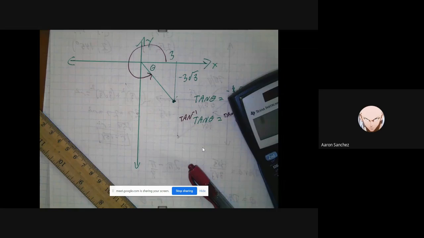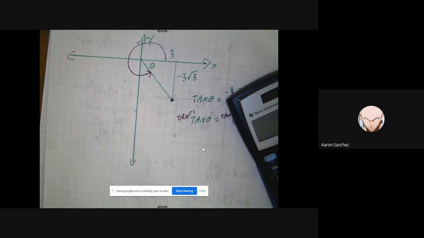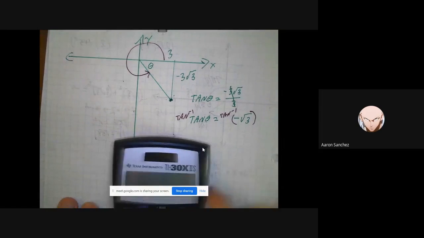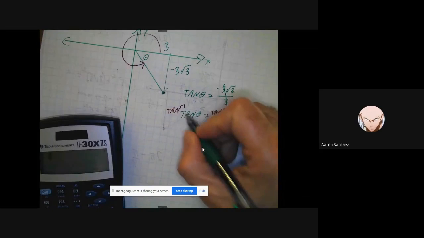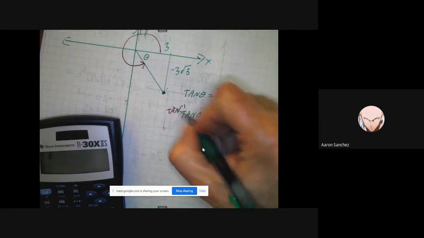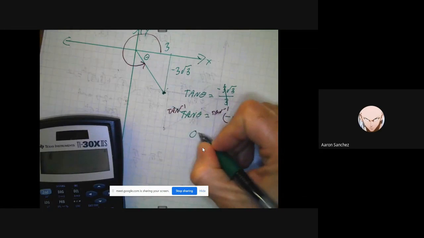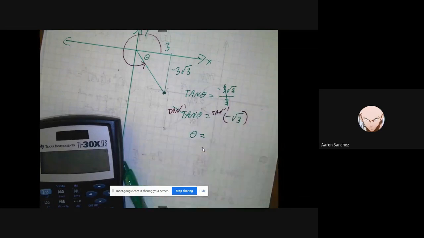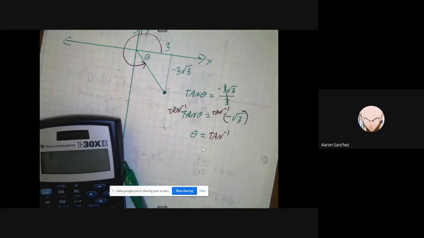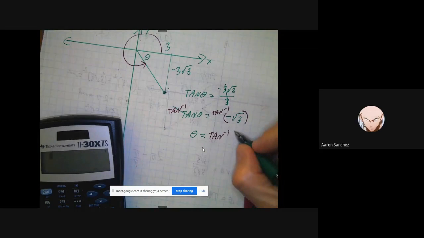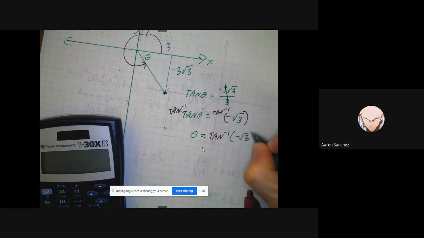You still there? Yeah. Okay, so I got my calculator because I had it downstairs. Let me simplify this. This is going to cancel out, right? The inverse tan and the tan. So theta is equal to the inverse tan of negative root 3.